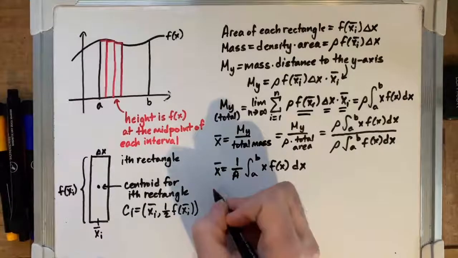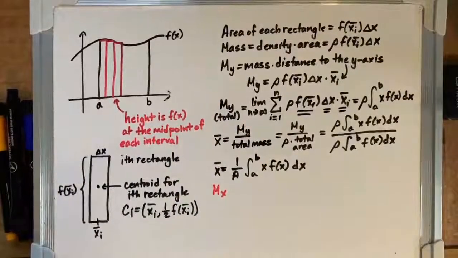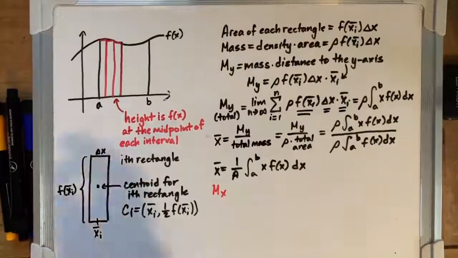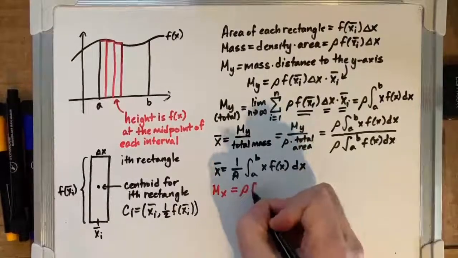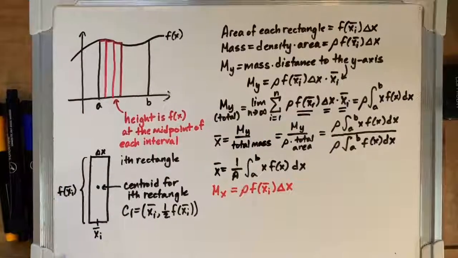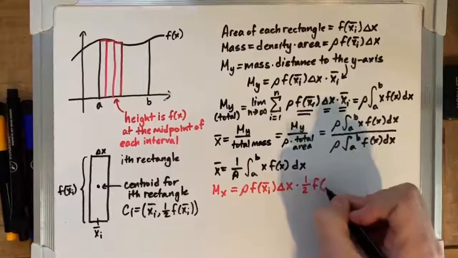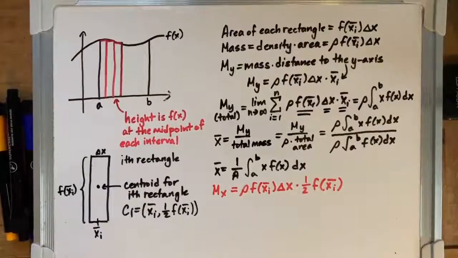Okay, now if we do the same thing with the moment about the x-axis, it's going to be the mass times the distance to the x-axis, which is going to be our 1/2 f of x bar that we have here. So this is going to be density. Our function is equal to here times delta x times 1/2 f of x bar for the ith interval.